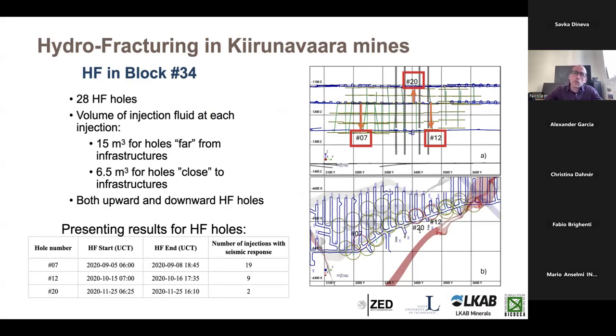Hole 20 was going upwards, while 12 and 7 were going downwards. And all the holes were drilled from level 1160 almost.